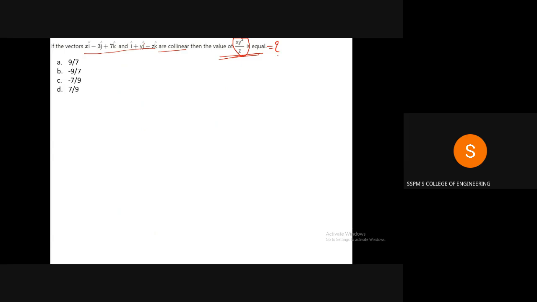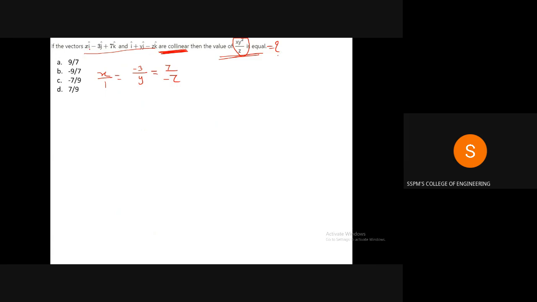So what can we write here? So we have x upon 1 is equal to what? Minus 3 upon y is equal to 7 upon minus z. So see here, when two vectors are collinear, we can write this.